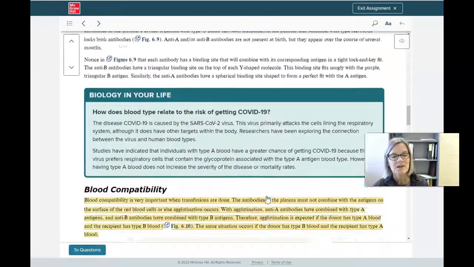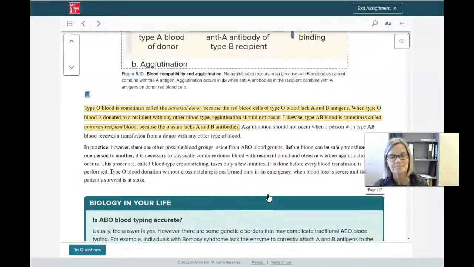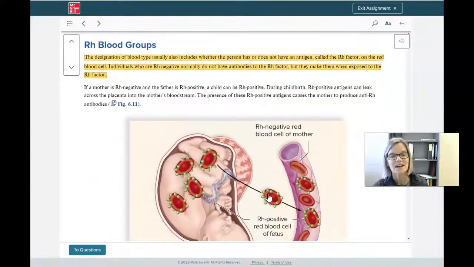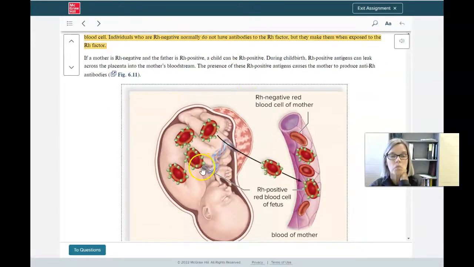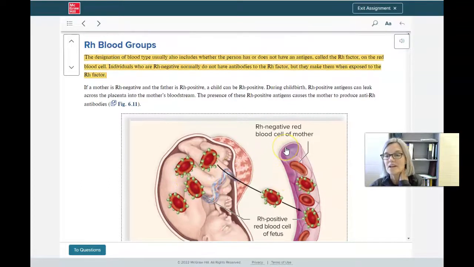So now here's something to muddy the water a little bit. There's another protein, and it's called RH. Now, some things you'll read, they'll call RHD, so you might see that instead of RH. So blood with RH proteins on it, we say that they're positive.